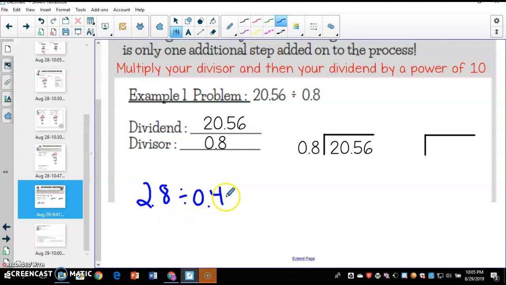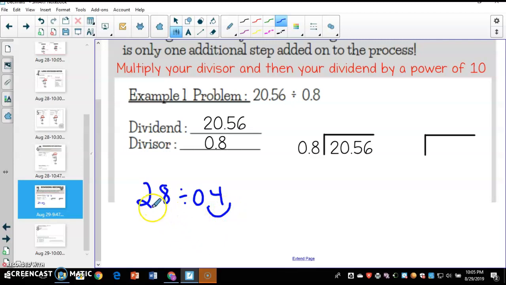But if you were to take your divisor, in this case 0.4, and multiply it by a power of 10, which means you're moving the decimal to the right once, then you also need to do that over here because otherwise it changes the problem to 2.8 divided by 4. Well, that wouldn't fit in the same amount of times as 0.4 would have.